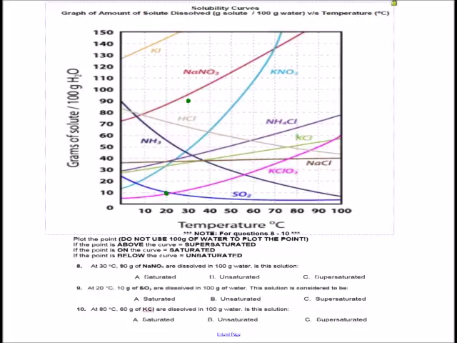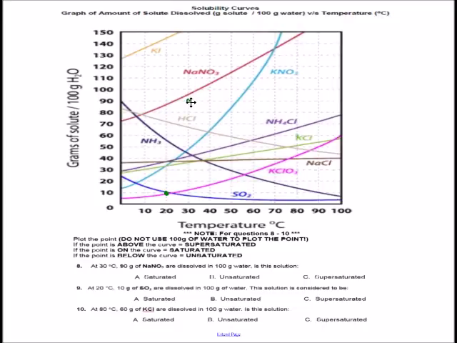Okay, question 8. At 30 degrees Celsius, 90 grams of sodium nitrate are dissolved in 100 grams of water. Is this solution saturated, unsaturated, or supersaturated? We're going to plot this point. So I go to 30 degrees Celsius, I go up here, 90 grams, and I plot that point.